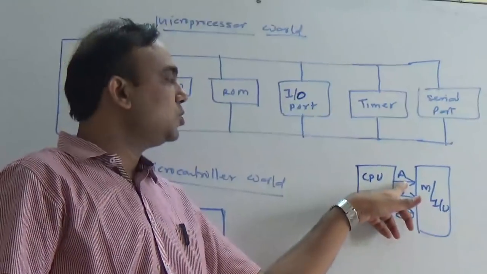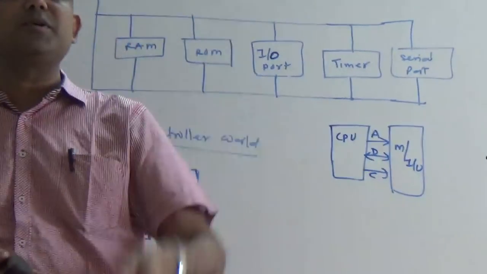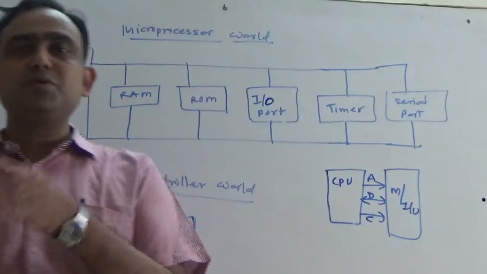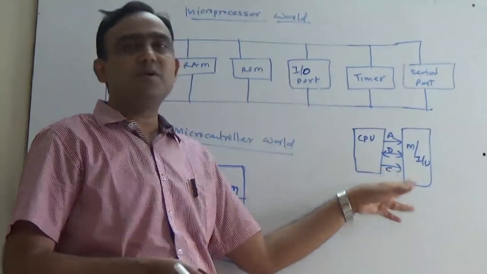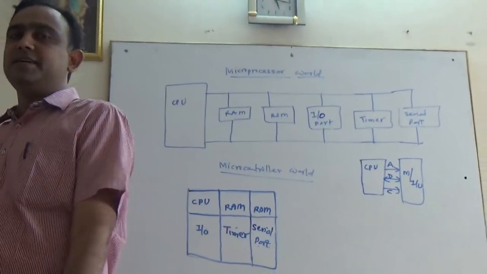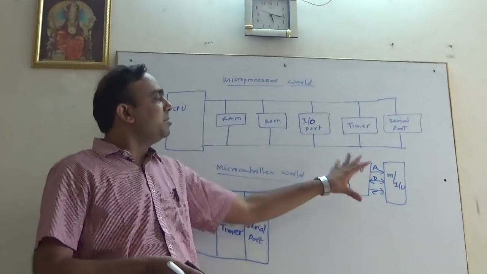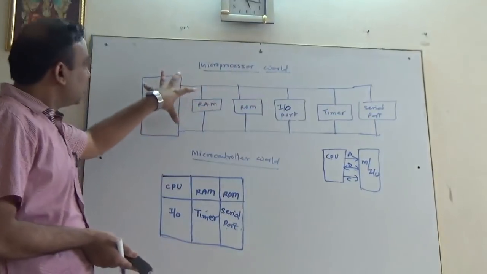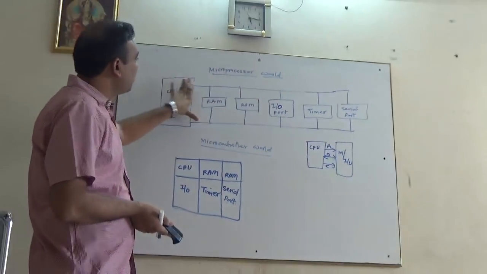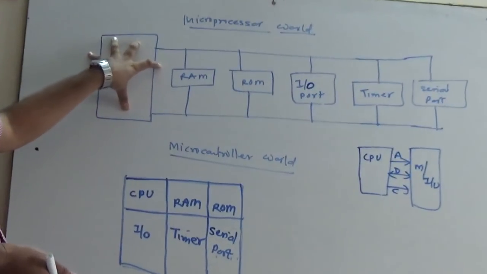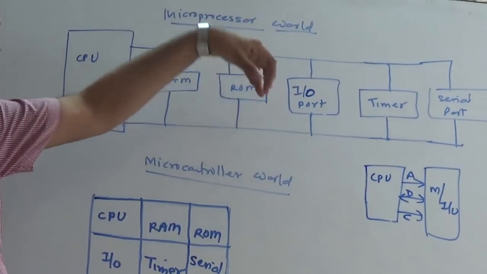Buses are pins or conductive paths where digital signals can flow. The address bus is used to identify different memory and I/O locations. The data bus is used to transfer data, either reading or writing. Control means control signals like read, write, or selection of I/O and memory. So in the microprocessor world, the CPU is connected with different chips with the help of buses. The CPU itself is a chip, RAM is another chip, ROM is another chip, and so many chips.